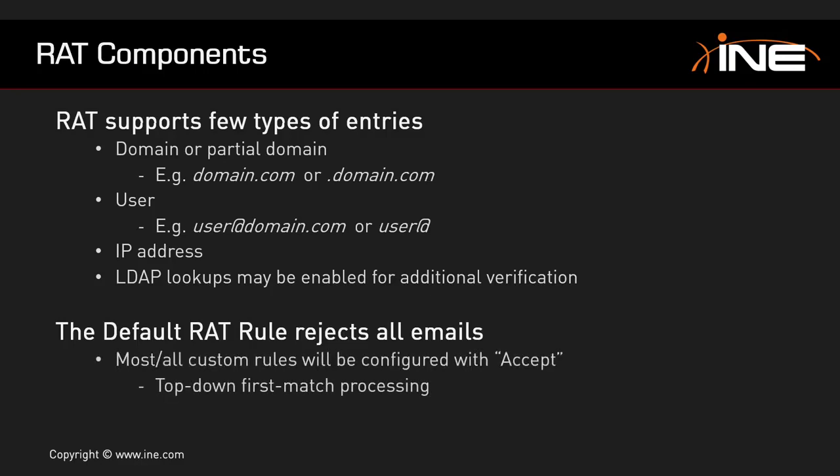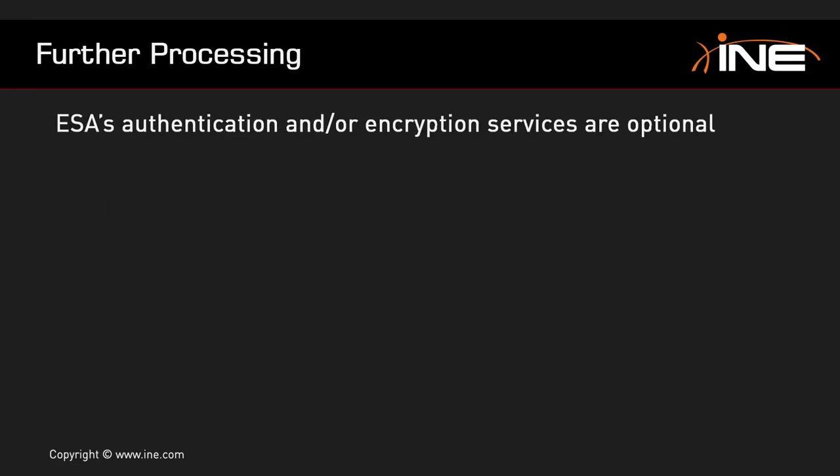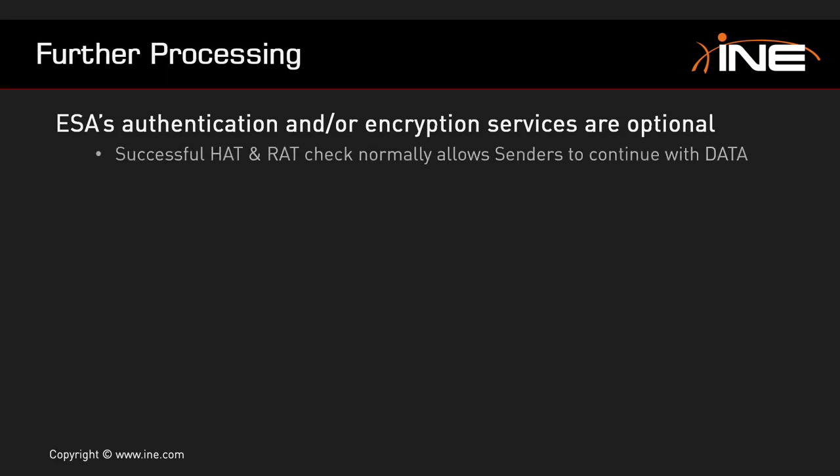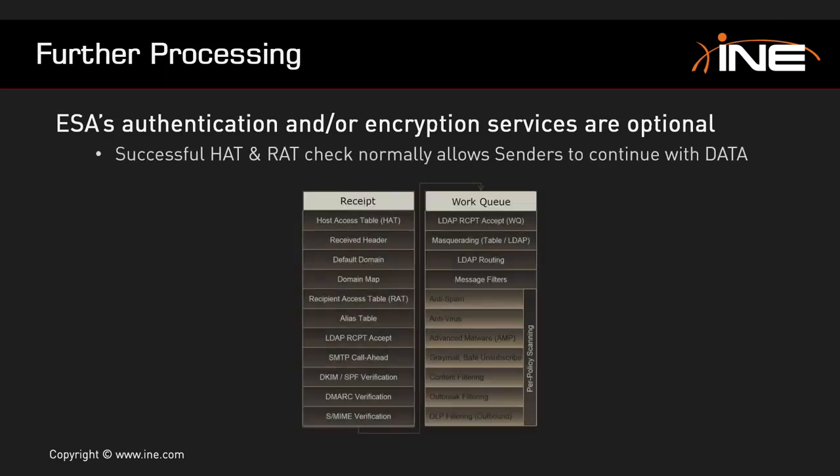Right, so these two tables make up, I would say, the two most important checks performed by the ESA, because authentication, encryption services and similar things are normally performed down the SMTP server portion of the pipeline, like this stuff here.